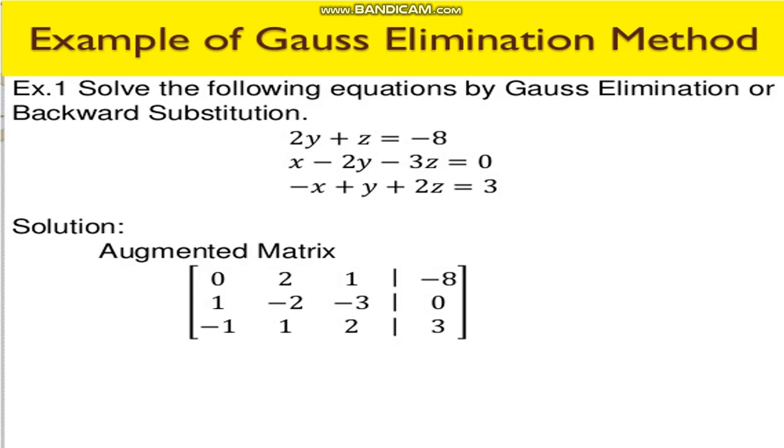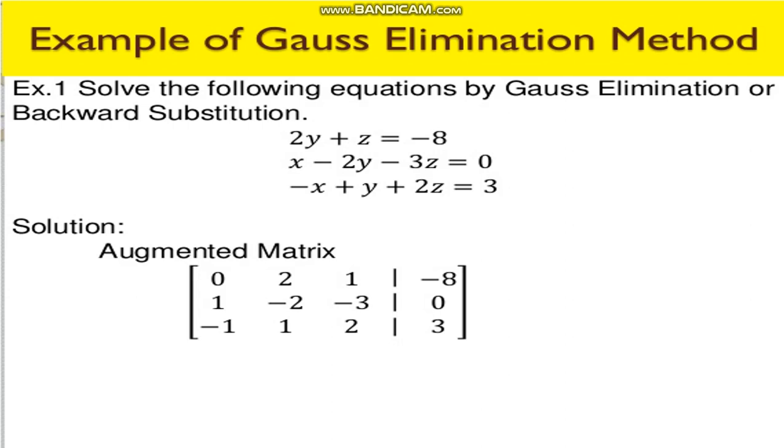First we discuss the Gauss elimination method. Take the first example. Solve the following equations by the Gauss elimination or backward substitution method. We have a set of equations, and we write them in the form of an augmented matrix. In the first equation, there is no x variable, so we use 0. We take the coefficient of y, that is 2, the coefficient of z, 1, and -8 as it is.